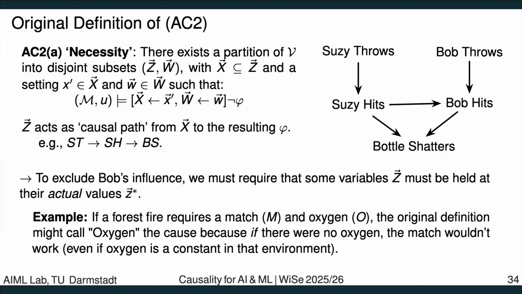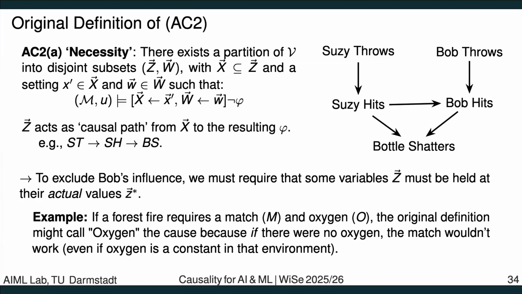If you only draw down the simple graph, you would see that this definition attributes oxygen as the but-for cause and possibly not the match dropping. But that's a bit weird, because oxygen is always there. Of course, we can think about what would have happened if oxygen were not there.